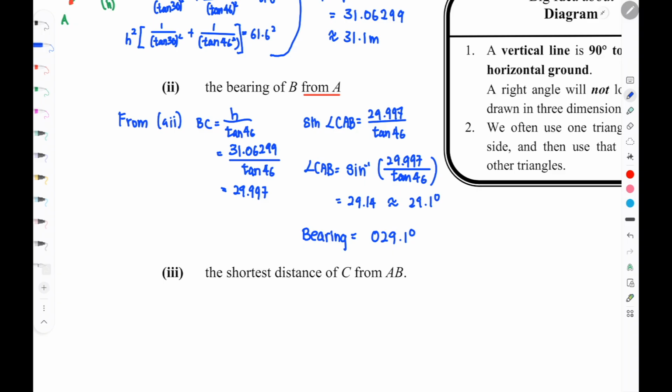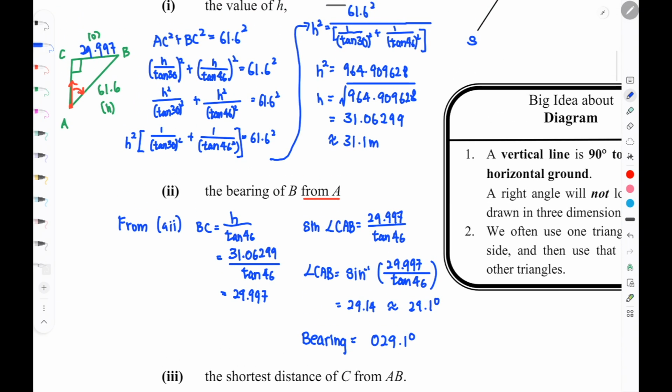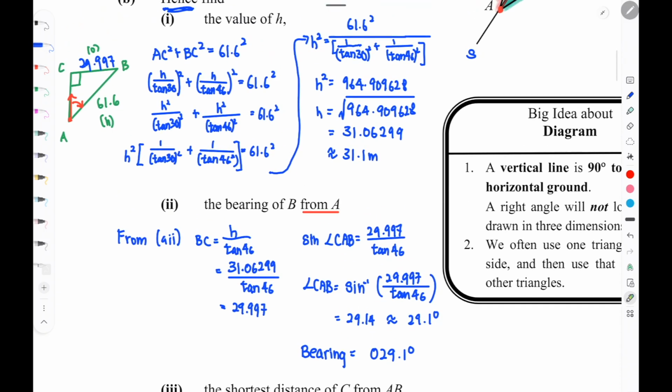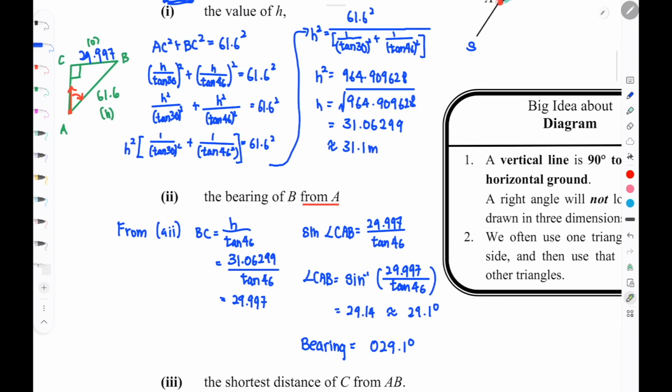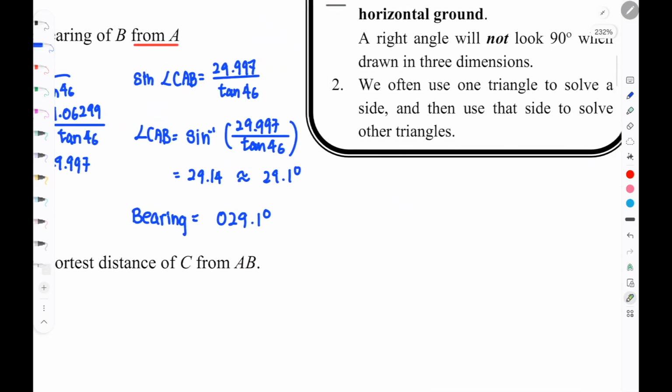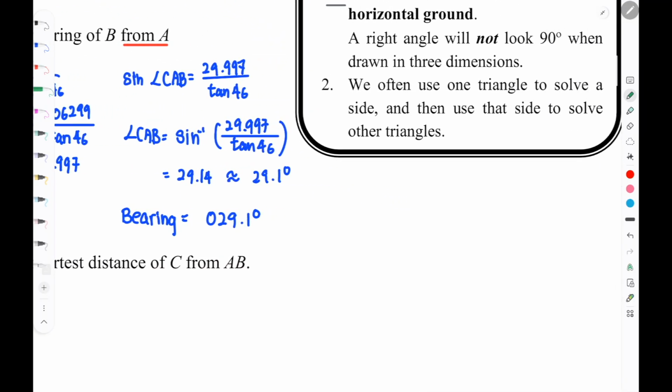For those of you who can see it directly, because in part A we have CB, we also have AC. So you have CB and AC, and can actually just straight away use tangent CAB. Your h will cancel out. For those who don't know what I'm talking about, just stick to method 1. This is method 2.